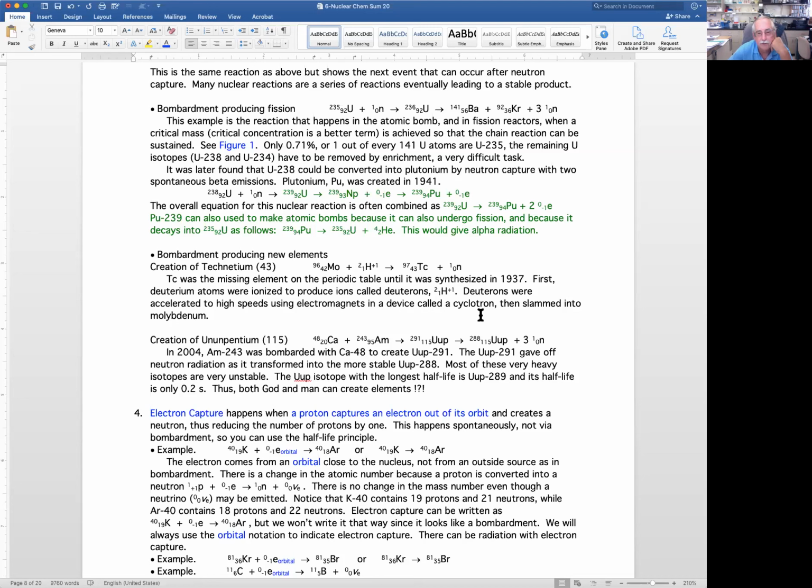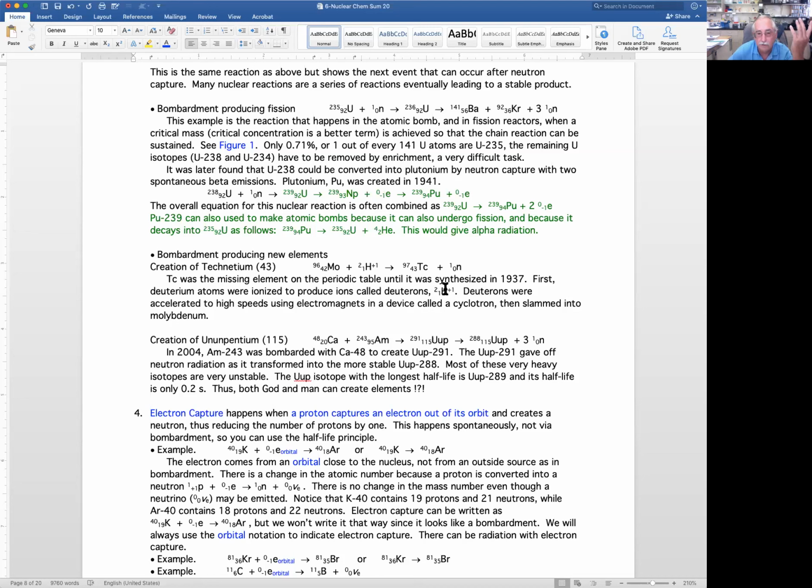And what the cyclotron did is it created a way to accelerate a deuteron, which was synthesized chemically, but the cyclotron could actually take this charged particle and accelerate it and then smash it into things.